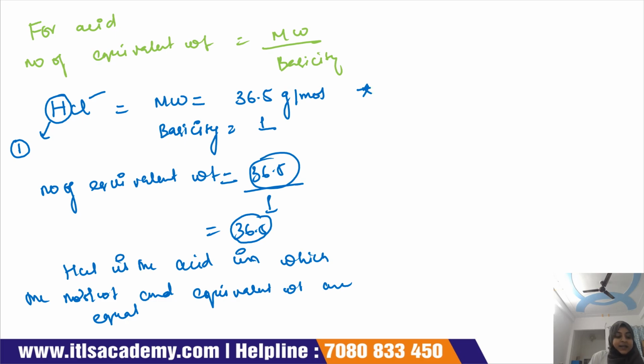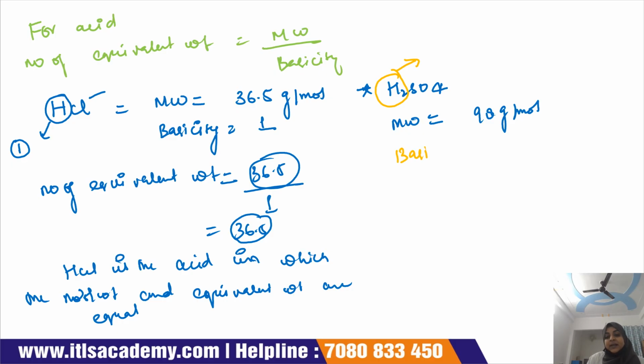Another example is H2SO4. The molecular weight of H2SO4 is 98. And here you see that two replaceable hydrogen atoms are present.